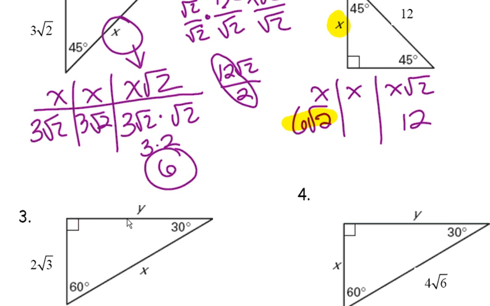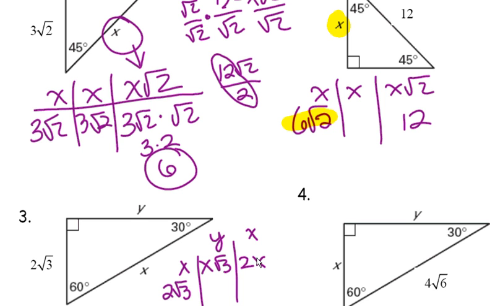All right, same thing holds true for my 30, 60, 90 pattern. In this case, it is x, x radical 3, 2x. When I place what I know into my pattern, this is where it goes, 2 radical 3, which means that my long leg right here is y, and this is the x that I'm looking for in my figure. The x is pretty easy to find.